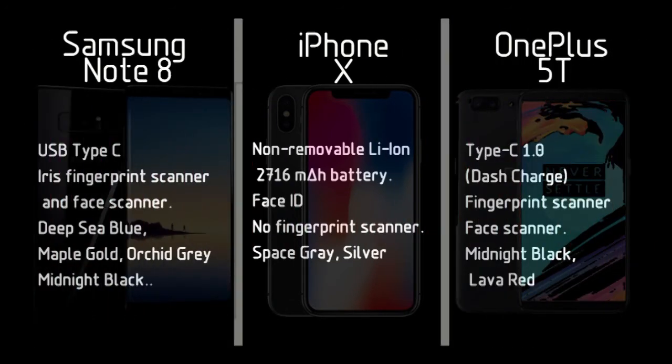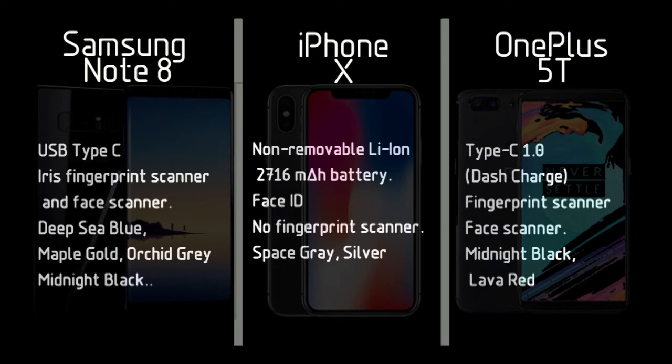And last but not the least, the final specs of these three devices. The Samsung Galaxy Note 8 has a USB Type-C, the iris, fingerprint, and the face scanner, and it is available in different colors. The iPhone 10, however, has the Face ID, which is the face unlock, and they have removed the fingerprint scanner, and there is no iris scanner on this device.